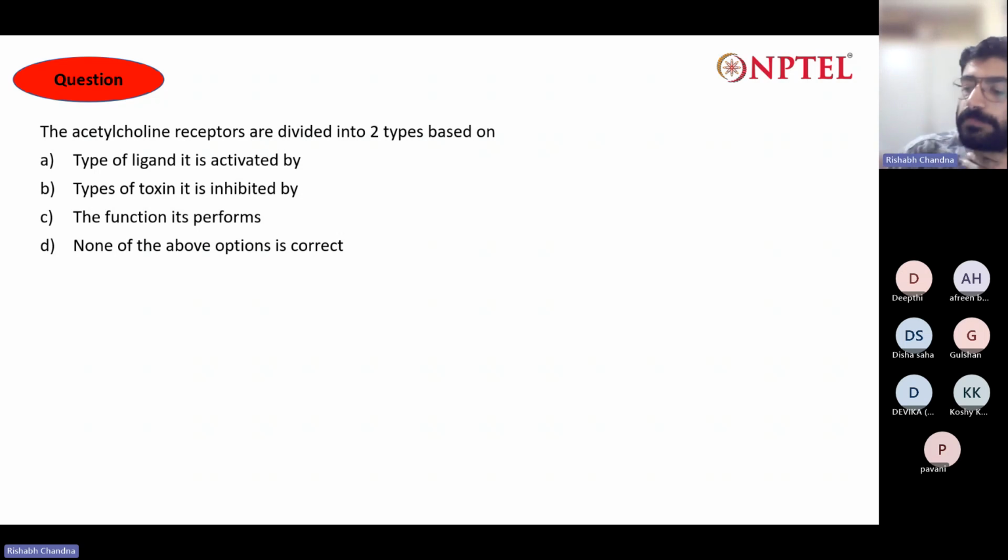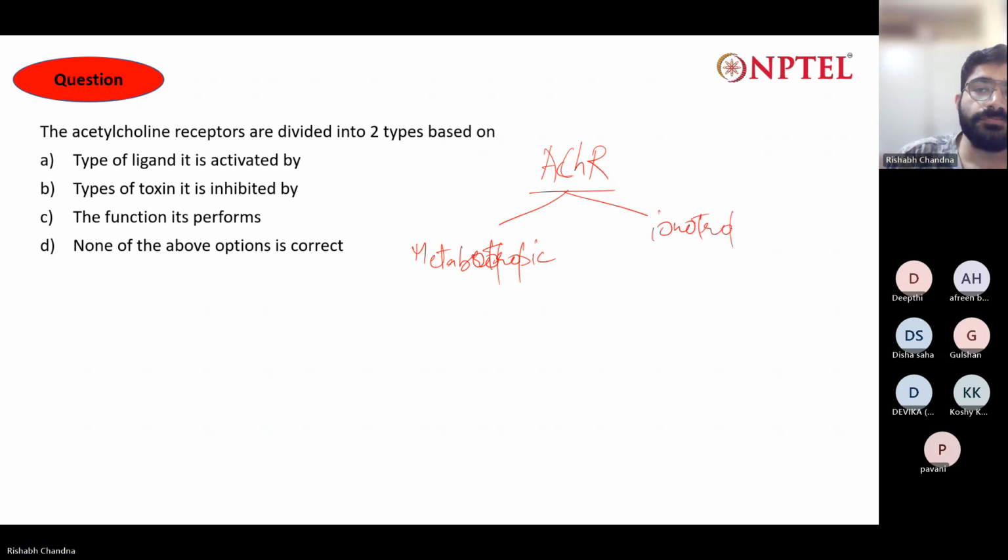So here, when we are talking about acetylcholine receptors, they are categorized into two classes. Okay. One is metabotropic and the other one is ionotropic. And the complete name will be metabotropic muscarinic acetylcholine receptors.